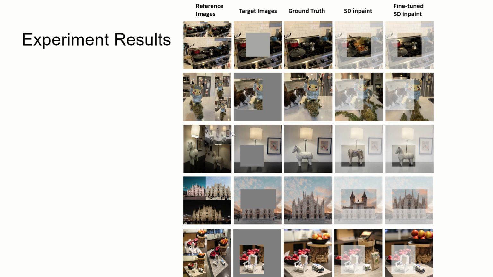These are our experiment results. The second column is the target images. The third column is the ground truth images. The fourth and fifth columns are generated images with or without fine-tuning. And the semi-transparent region is the unmasked area of the target image. As shown in the figure, after fine-tuning, the generated image is more similar to the original target image.